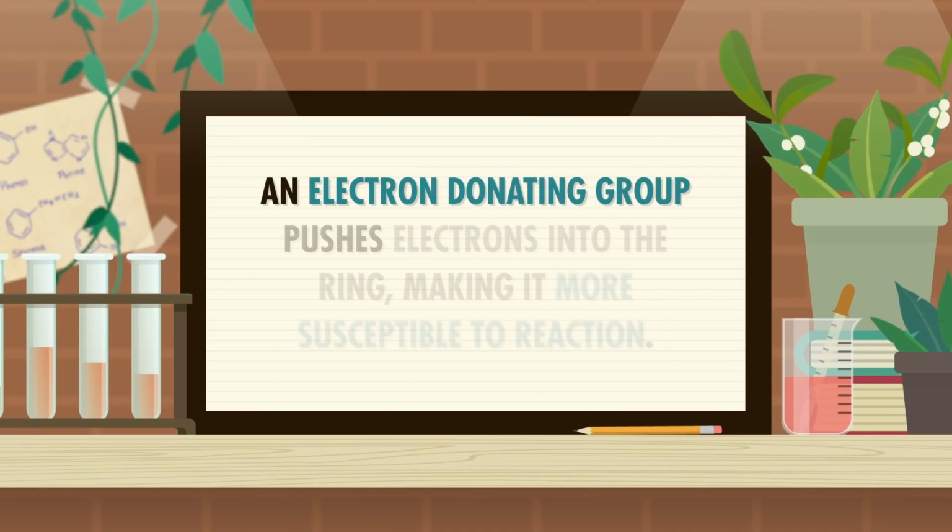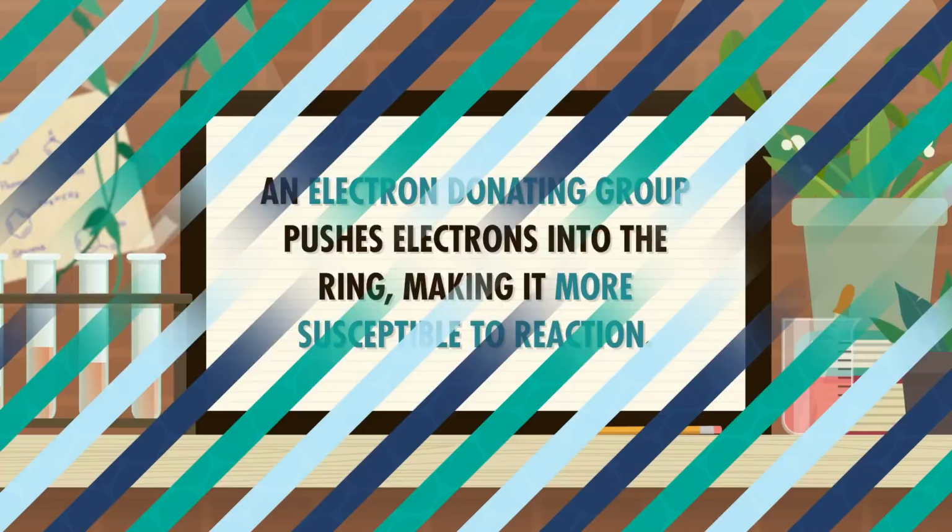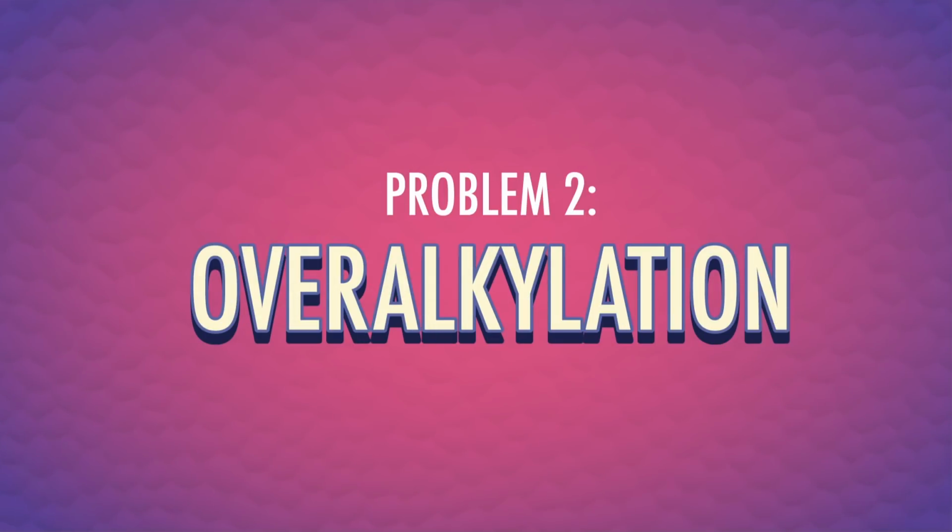But with a strongly deactivating substituent like nitrobenzene, both reactions are tricky. The way to get around this problem is to counter the nitro group's deactivating effect by having a strongly activating substituent on the ring, like an electron donating group, which pushes electrons into the ring, making it more susceptible to reaction.